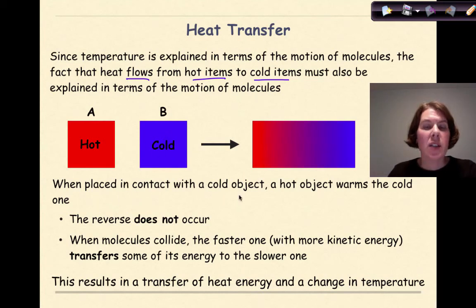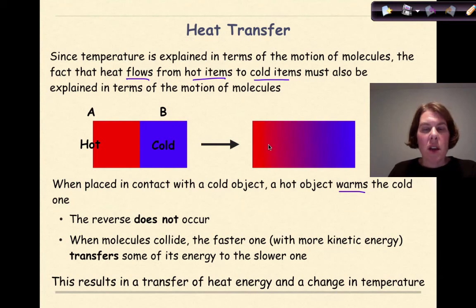When placed in contact with a cold object, a hot object warms the cold one. So here comes my hot object, coming in contact with my cold object, and we can see over here that the molecules are going to be moving over into the cold area and transferring the energy. The reverse does not occur. The cold doesn't cool off the hot.